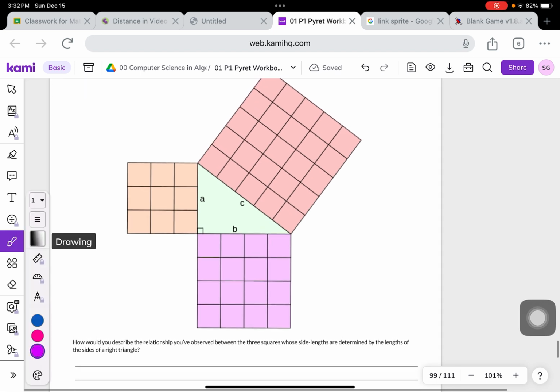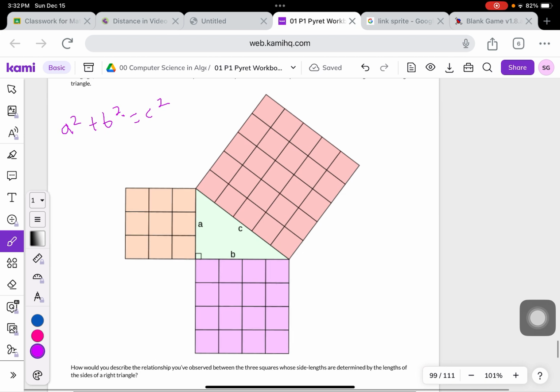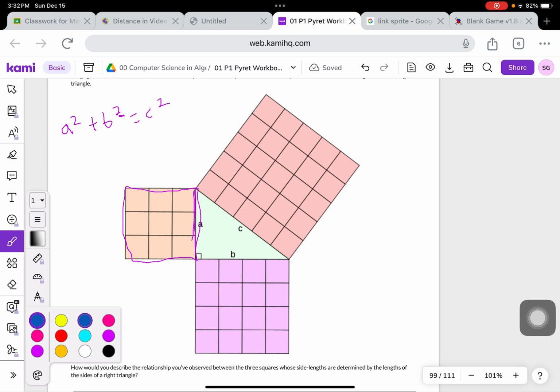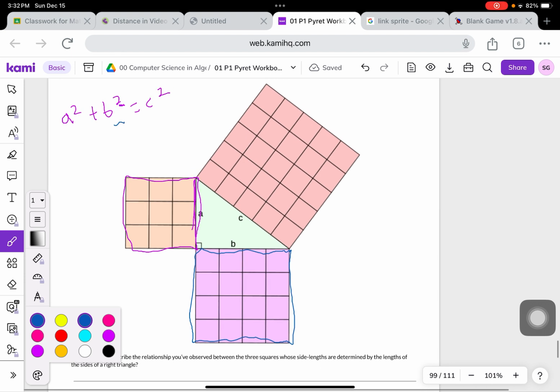And how does that relate to a squared plus b squared equals c squared? Because you can think of the a squared as the area of this square here that's on that side of the triangle. B squared would be the area of this square that's on the b side. And c squared would be the area of the square on the hypotenuse.